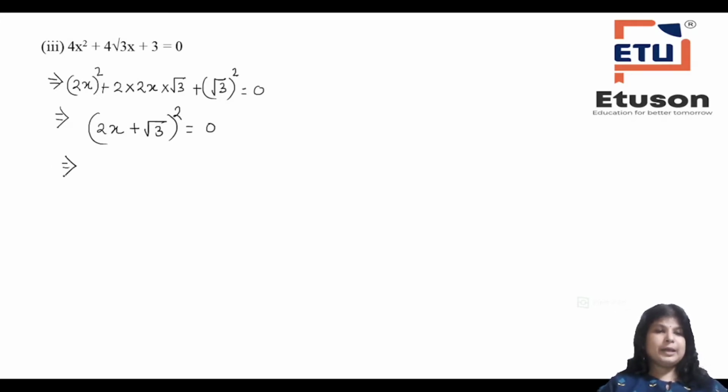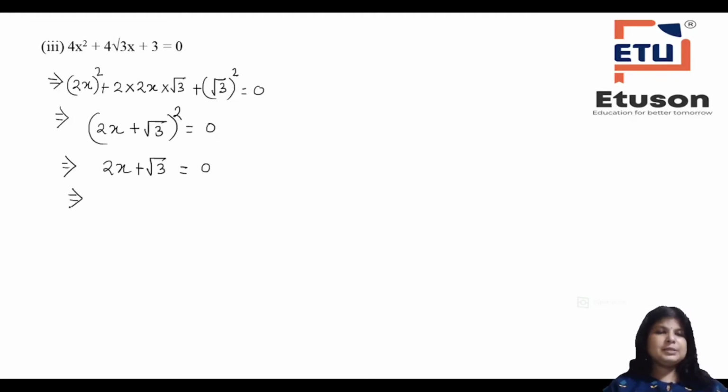So it implies this 2x + √3 will be equal to 0.